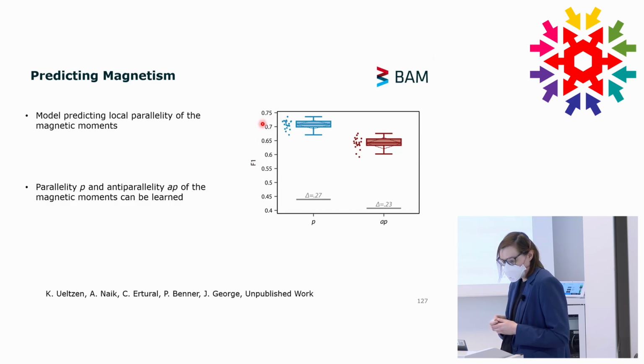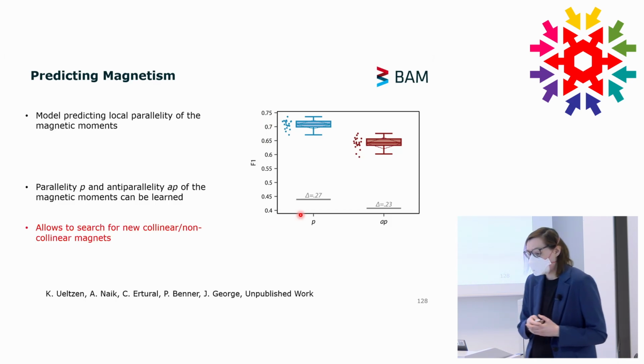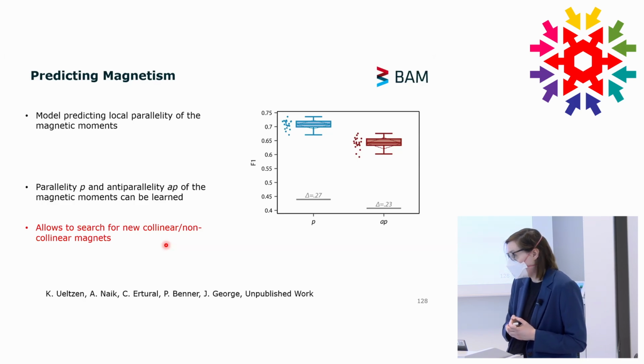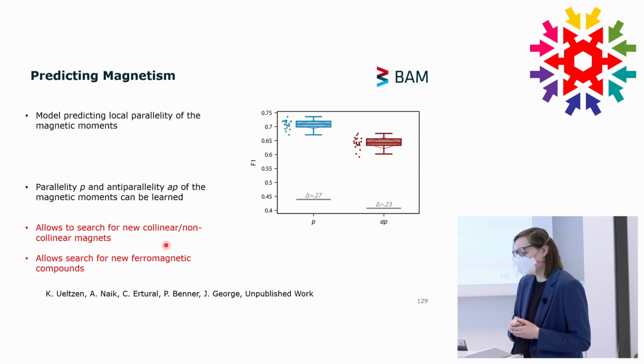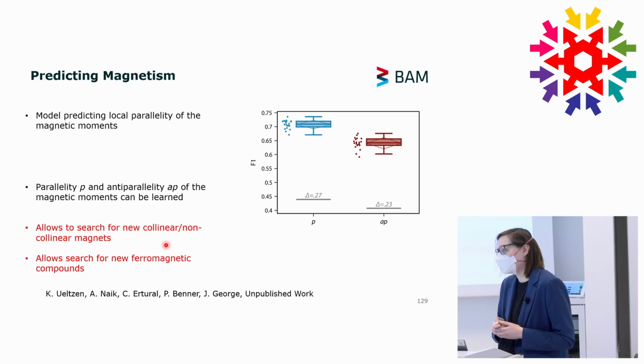But yeah, with this classification approach, we can actually learn this parallelity and also the anti-parallelity score. And then also these models are significantly better than the baseline that just comes out of our training data set, as it is quite biased. Yeah. And with this, we can now search for new collinear and non-collinear magnets, and also for new ferromagnetic compounds, because this is included in our parallelity and anti-parallelity score.